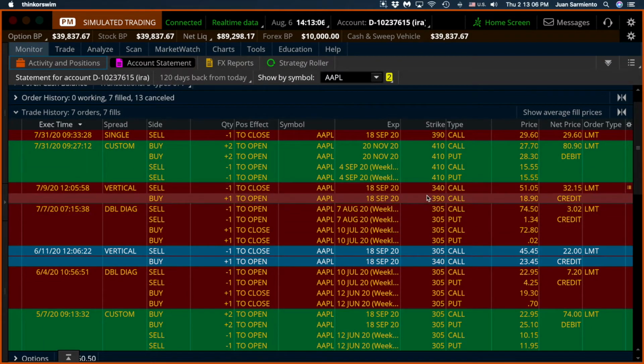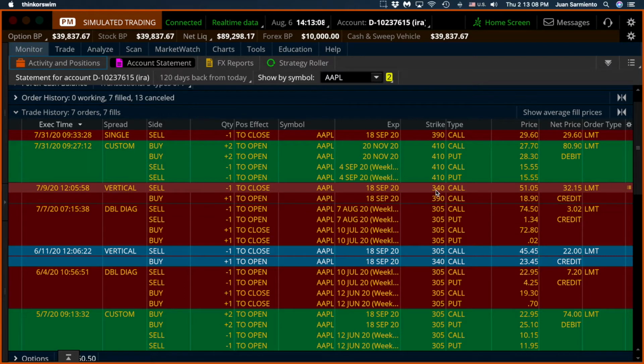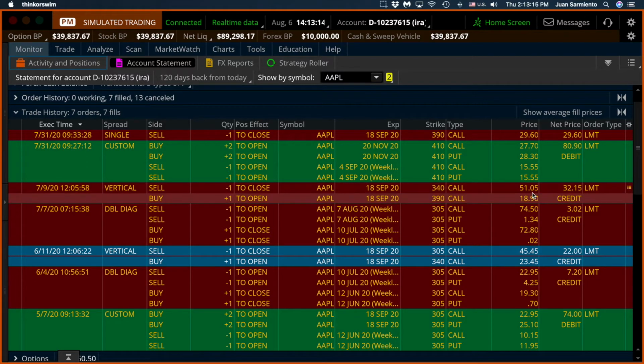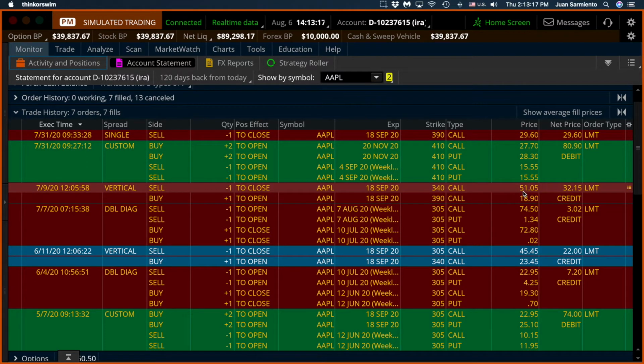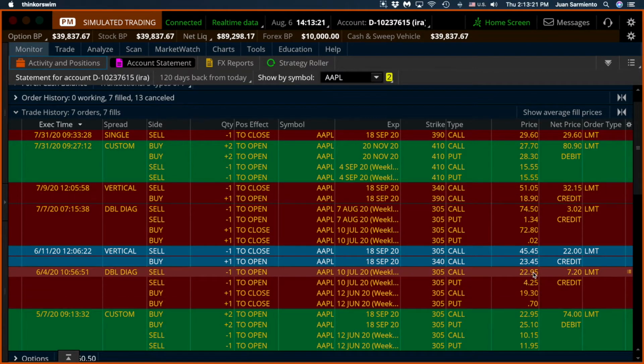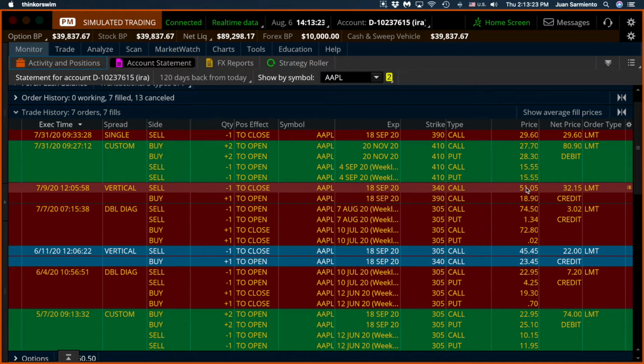And then I did it again. You see here, like I said, since Apple has been going up significantly, it turns out that my long call that I bought at $22.95 is now worth $51.05.